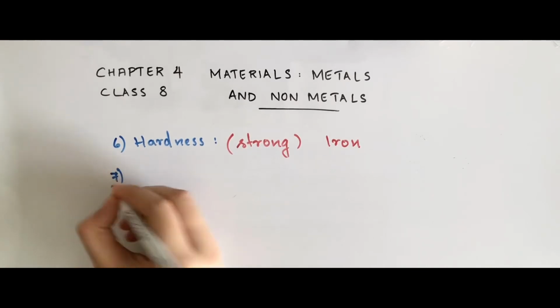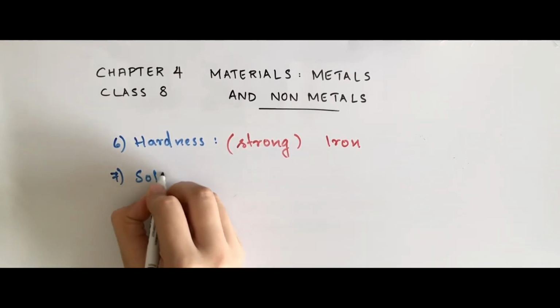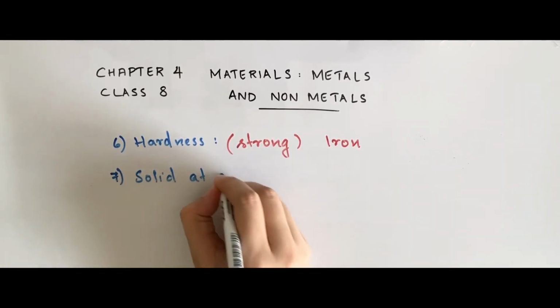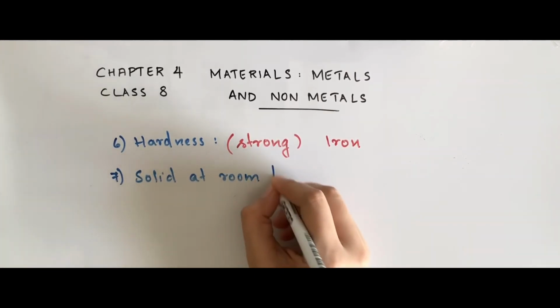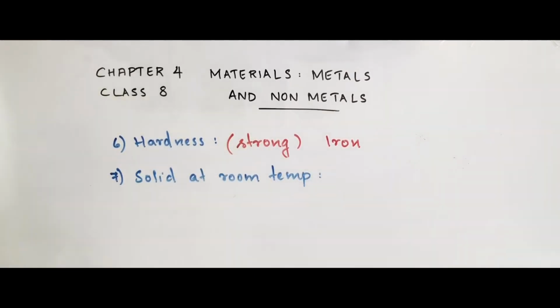The seventh property is solid at room temperature. We know that metals are very much solid in nature at room temperature. Although there may be some exceptions like mercury or gallium.